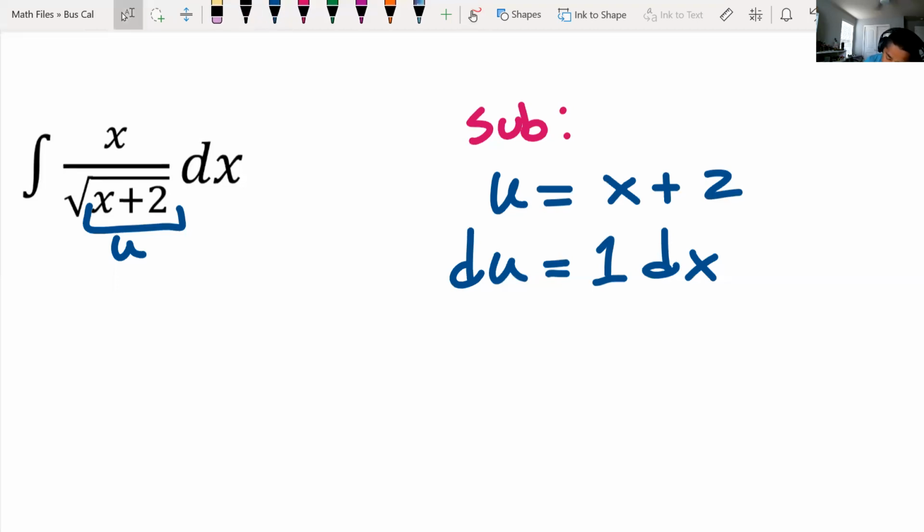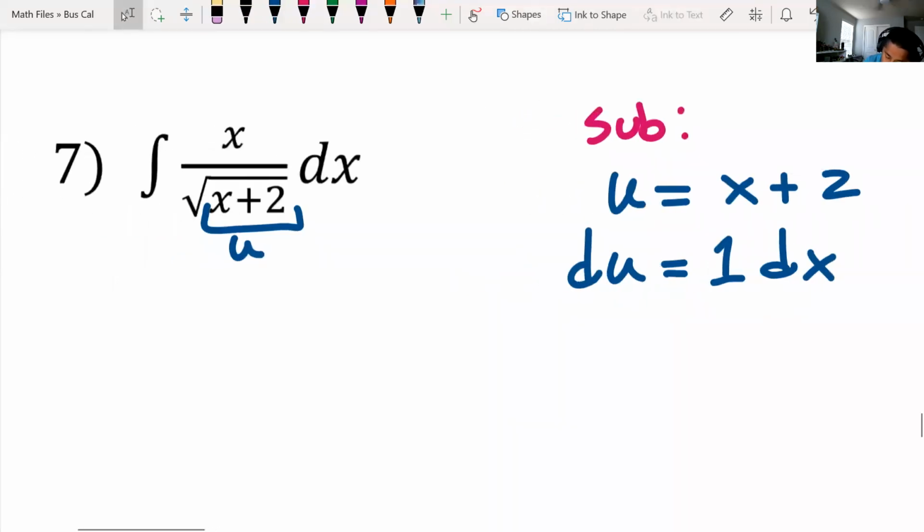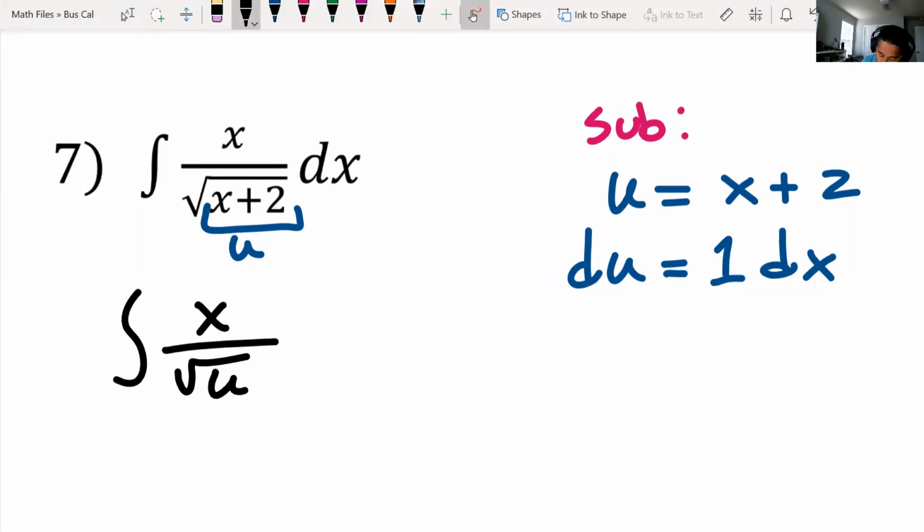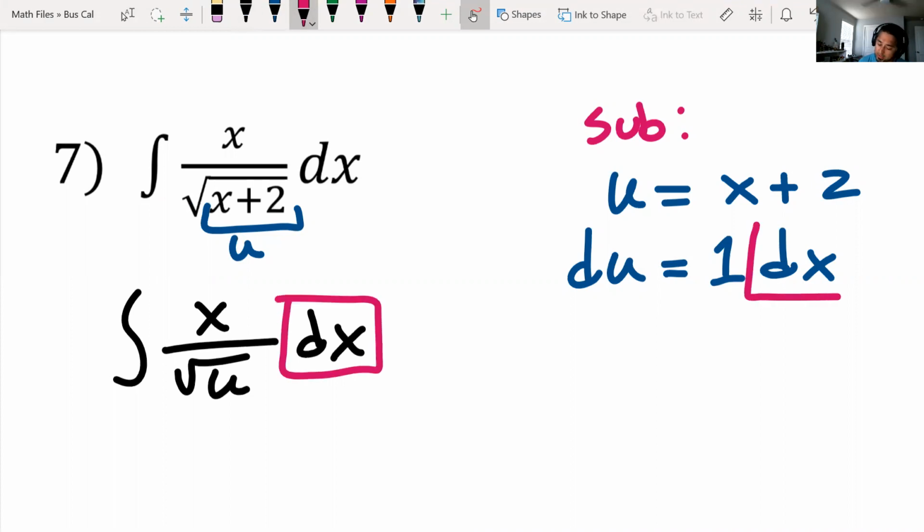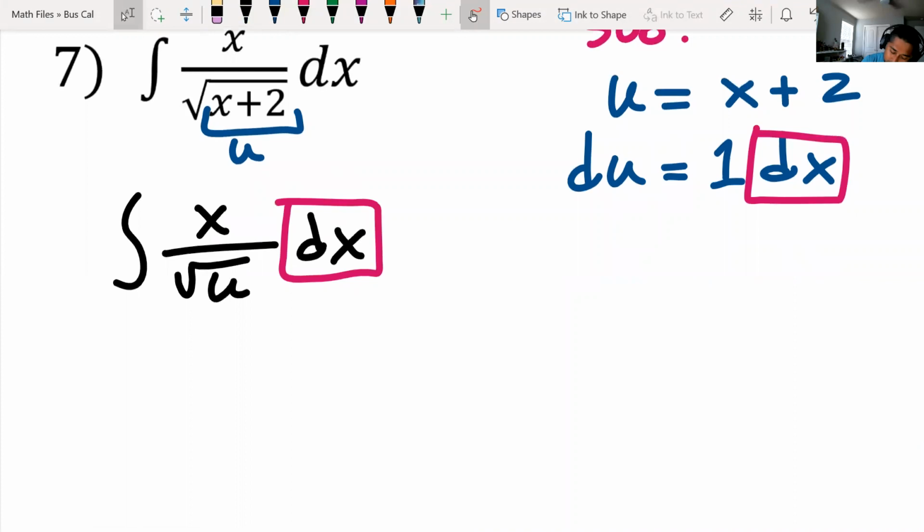Let's see what we have here. We get the integral of x over the square root of u dx, which means we can already make a substitution. This dx and that dx match up and will become du.